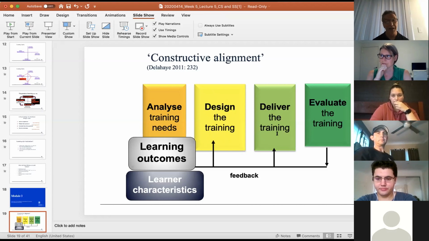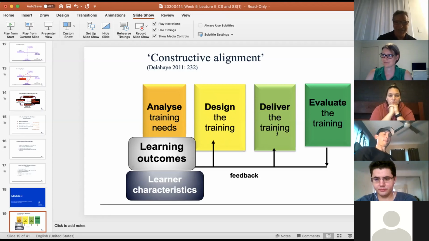Now you will find in the course of your studies at university, I have no doubt, that you will have subjects where the assessments and the learning are not well aligned. And in fact, I can give you a good example from my own experience.